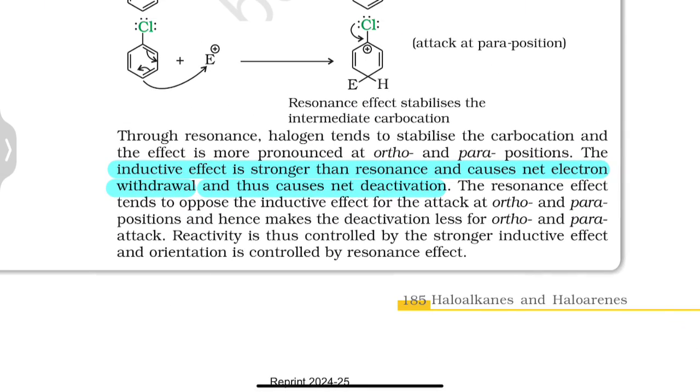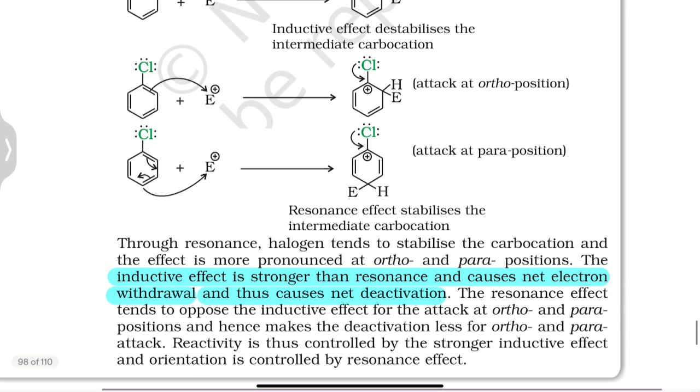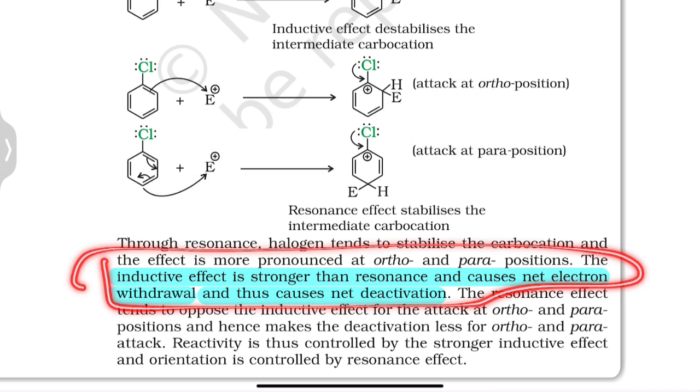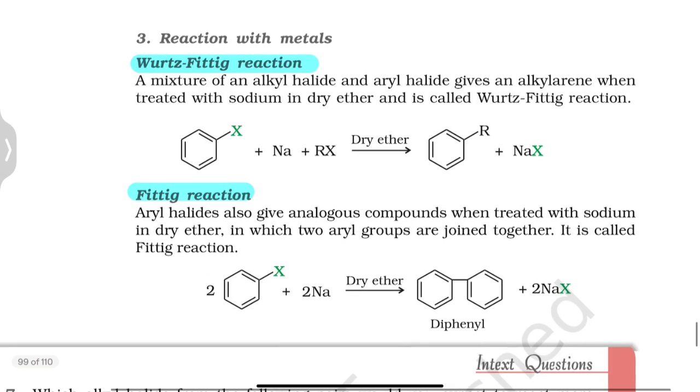The inductive effect is stronger than resonance and causes net electron withdrawal and thus causes net deactivation. So deactivation will be greater. Why? Because minus I effect is dominant over plus M effect in case of halogens. So this point is very important. Make a note of it.